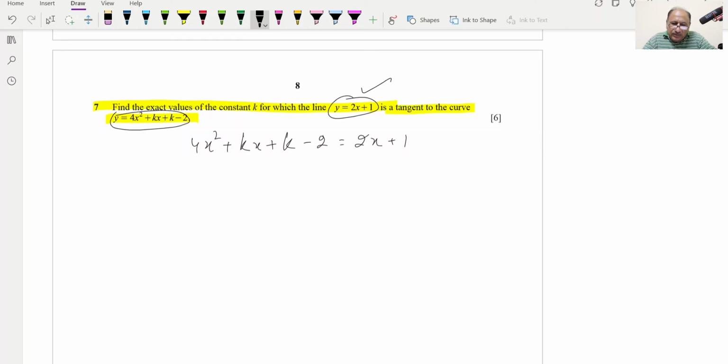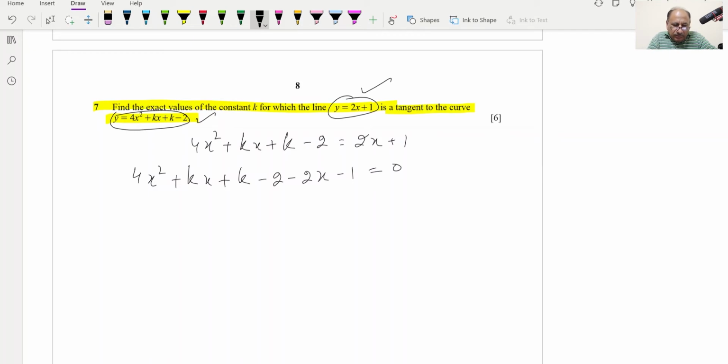So this line is tangent to this curve, which means they have one point in common. That's why we are equating these two equations. Now we can shift 2x plus 1 to the other side, and we will get 4x squared plus kx plus k minus 2 minus 2x minus 1 is equal to 0.